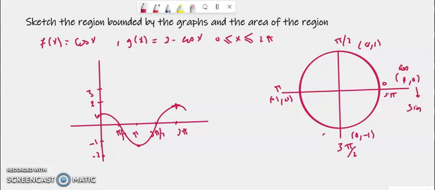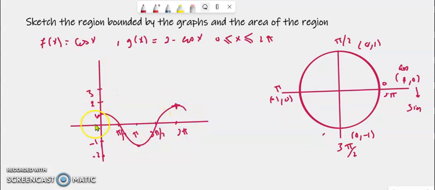Now we want to graph the two functions, and we use the unit circle to help us graph them. So we have the graph here. I'm going to start with the easy one, which is cosine x. This is how we do it.